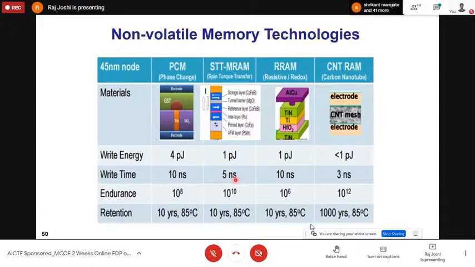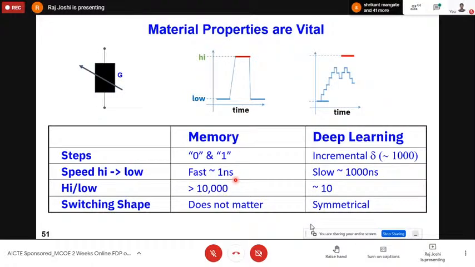So using these memories, you can do a lot and try to get your AI accelerators in a way that it can crunch data, it can take algorithms, and it can compute very nicely along that line.